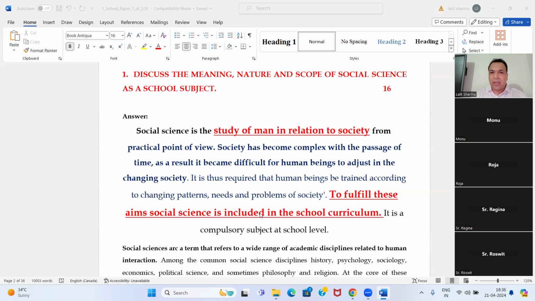So ऐसा नहीं है that you just open the book, see the topic, and start teaching. At least the concept should be clear in your mind. Why has the teaching of mathematics been included in the school curriculum? Why has the subject of science been included? Science is included because the attitude of the student should go towards science also.